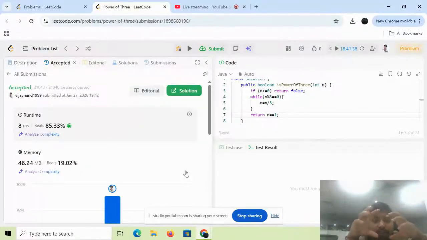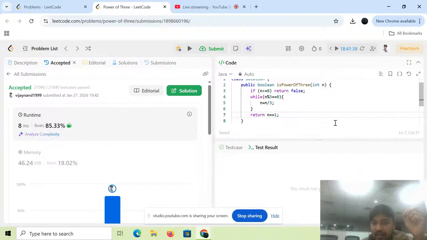If a number is a power of 3, I divide it repeatedly by 3 and finally reduce it to 1, and I handle the edge case where n is less than or equal to 0, at which time we return false. In the other scenario, I used a loop and divided as long as it is divisible by 3.